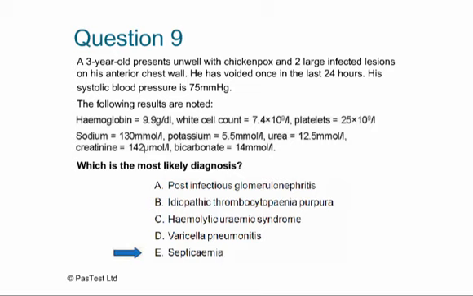You don't tend to see HUS following chickenpox, so that excludes that as a diagnosis, and it's unusual to see post-infectious glomerulonephritis after varicella, although it has been reported.